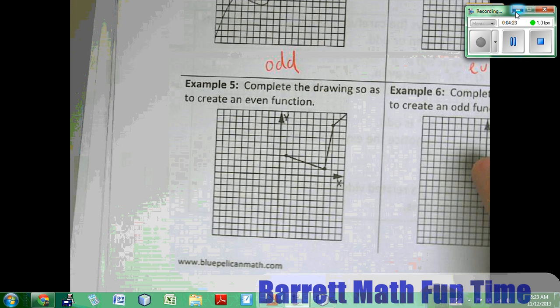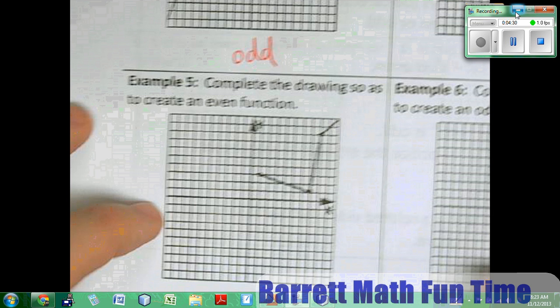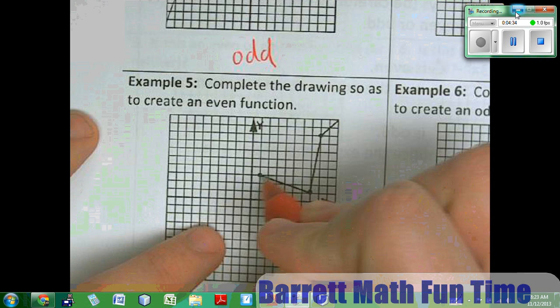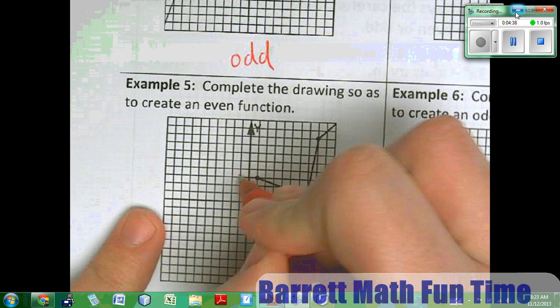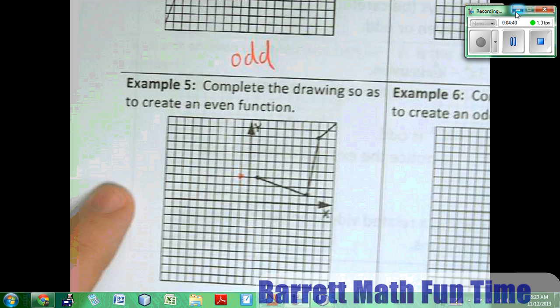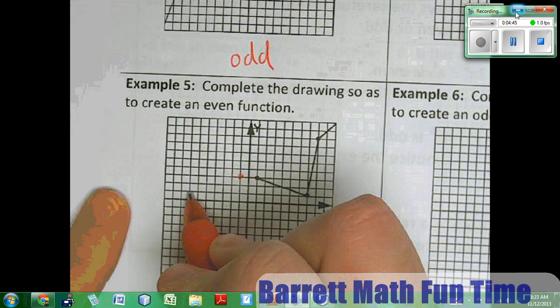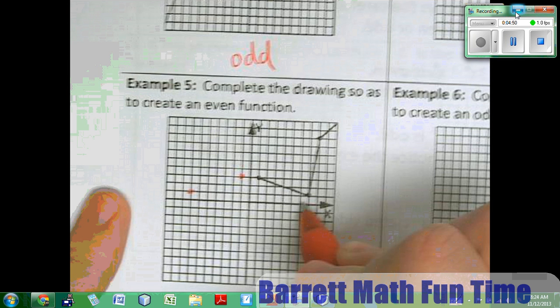Okay, so let's look at these. We can draw this out. We're going to draw this as an even function. So everything just needs to be equal distance from the y-axis. I'm going to put a dot here, right? And then we'll put a dot here because this is 7, 1.